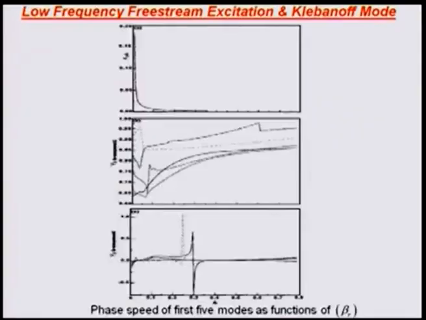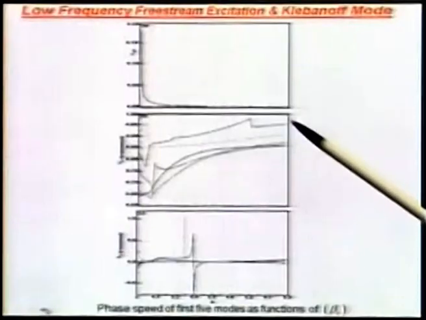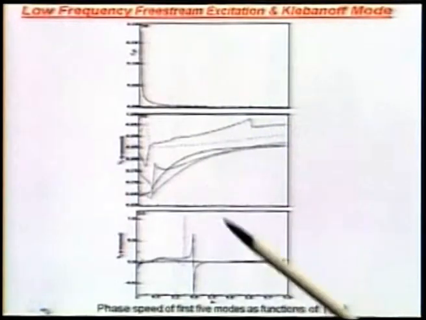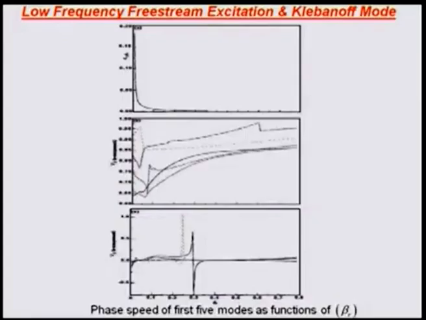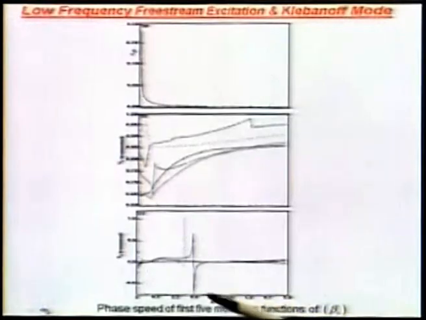And what we have here is the phase speed plotted as a function of beta r on the top frame, and this is your Vgx and Vgz. Right? Vgx is nothing but del omega del alpha r, and Vgz is del omega del beta r.